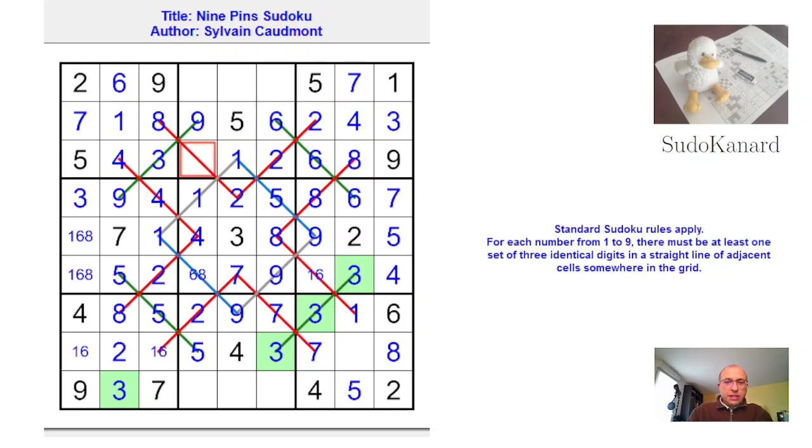And I think the rest should be plain Sudoku. Yes, I don't think those last digits need any explanation.